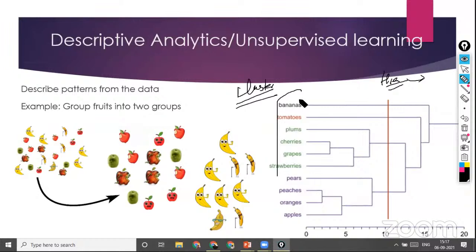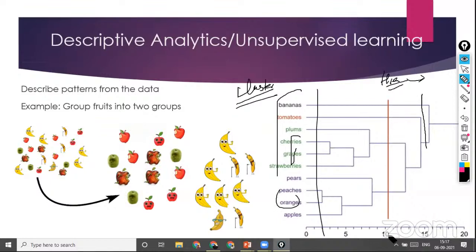If you draw a line here, you have banana in one category and all the others in another. When you draw a line over here, you have more categories: tomatoes, plums, grapes and cherries belong to one category, and strawberries, peach and orange belong to another.